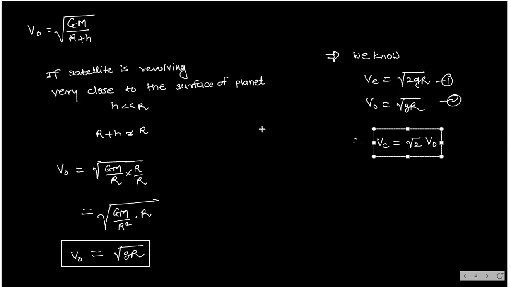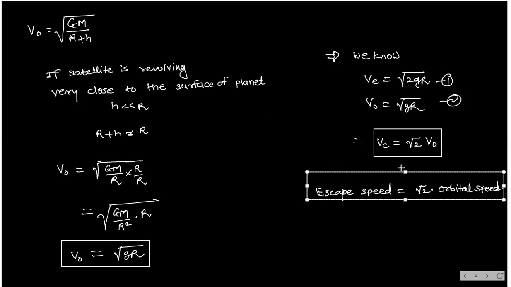So escape velocity is equal to root 2 times orbital velocity. So if someone asks what is the relation between escape velocity and orbital velocity, or escape speed and orbital speed, then you can say like this, that escape speed is root 2 times orbital speed. Note down this. Any doubt? Please ask. Sir, escape velocity and escape speed, both are the same only, sir.